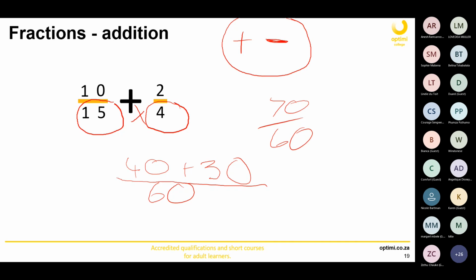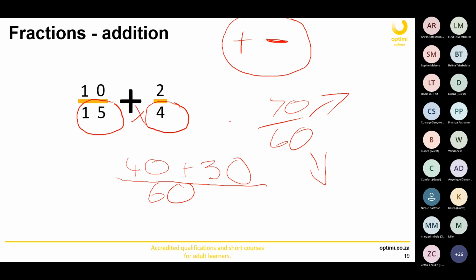And now there's 2 ways you can go from here. You can either make it a mixed number immediately, or you can simplify immediately. I would suggest you simplify first.